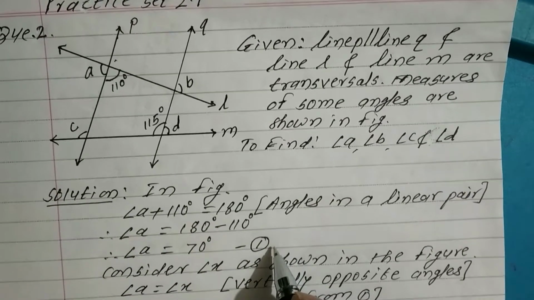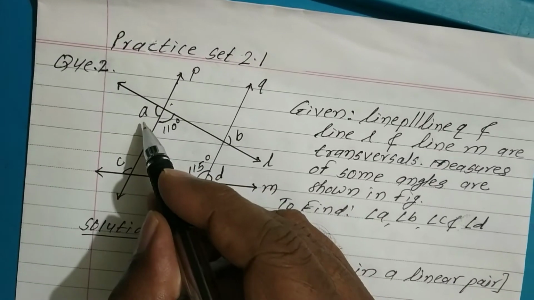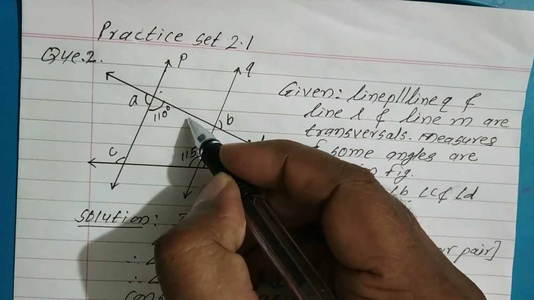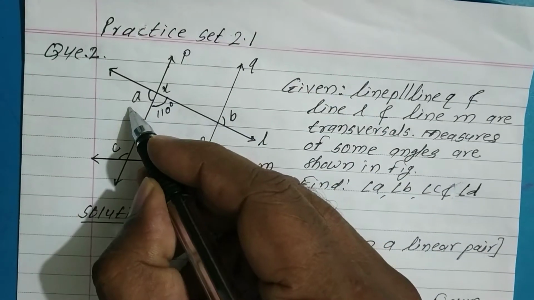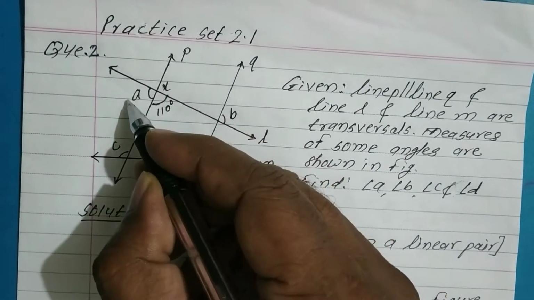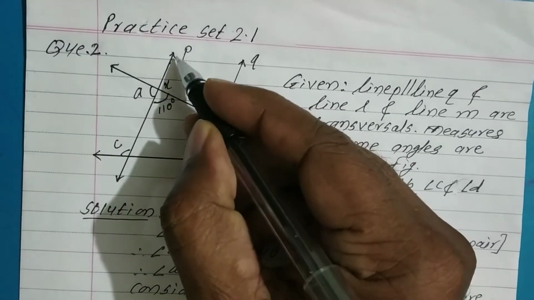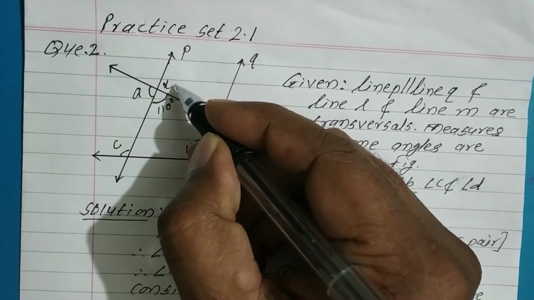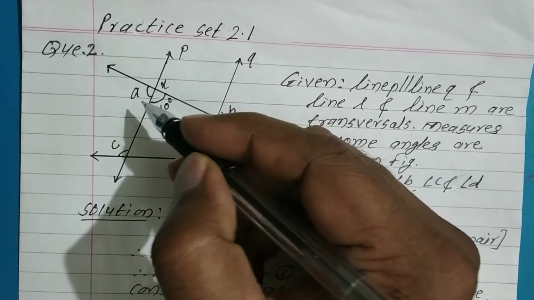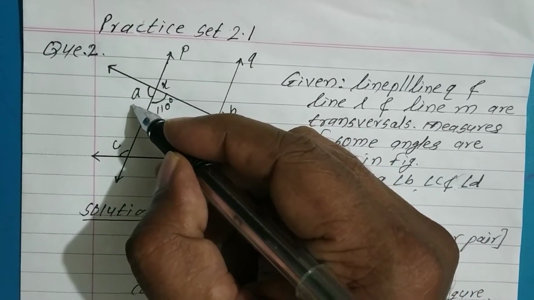Equation first. In the figure, consider the name of this angle is X. Here angle A and angle X are the vertically opposite angles. Measure of angle A is equal to 70 degree.